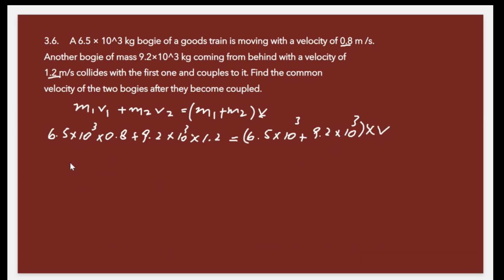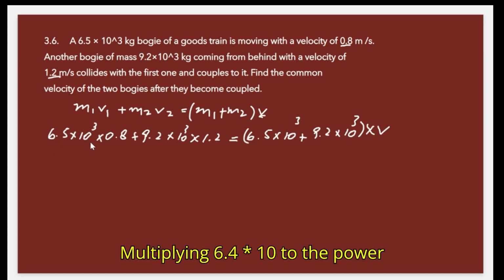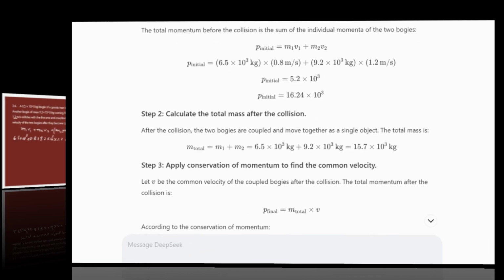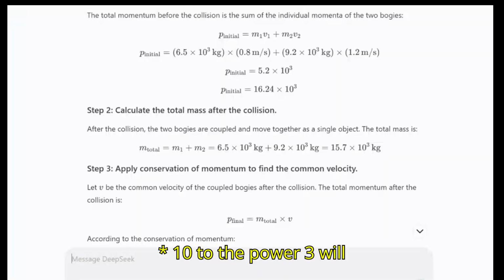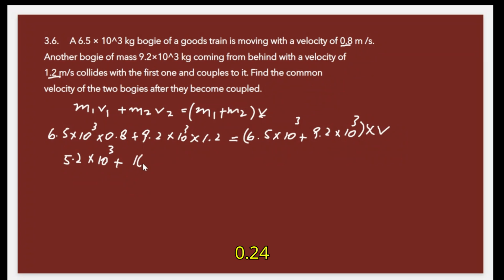So we simplify them. Multiplying 6.5 into 10 to the power 3 by 0.8, we get 5.2 multiplied by 10 to the power 3, and plus 9.2 multiplied by 10 to the power 3 by 1.2 will give us 16.24 into 10 to the power 3.